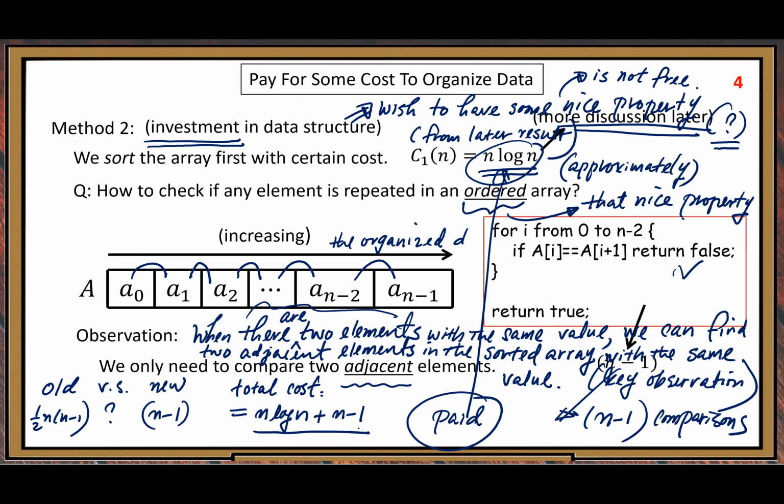We have the method 1 total cost and the method 2 total cost. We compare these two in part B, where I will do a comparison of these two expressions. Today we will not do that. Today we just find two solutions.